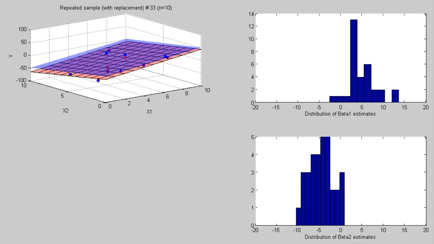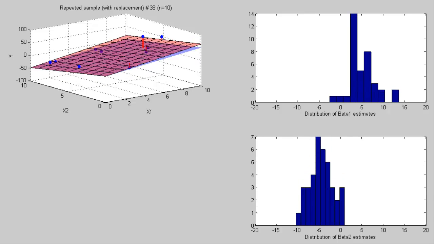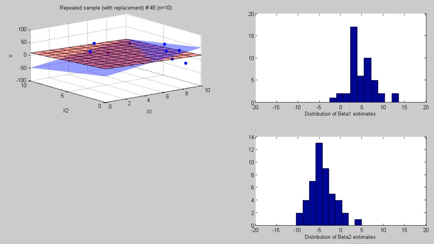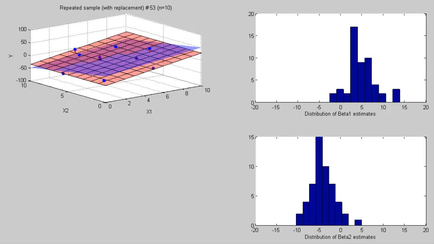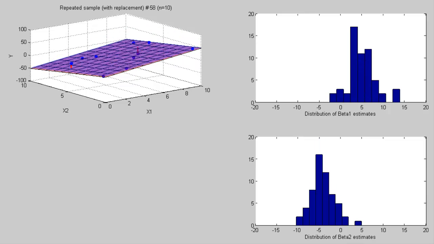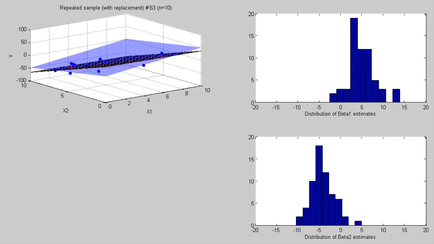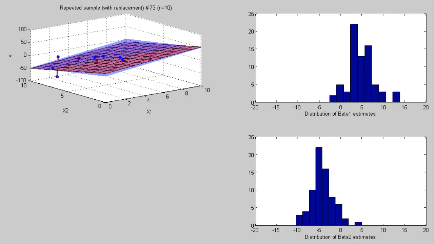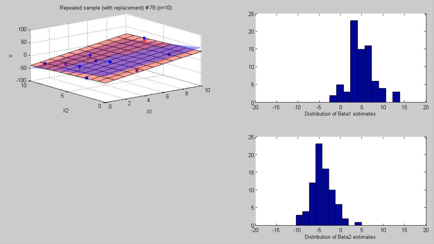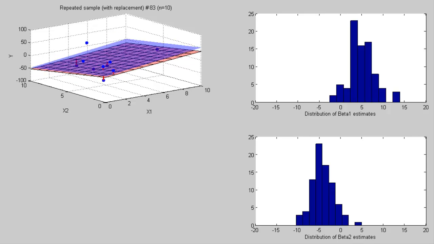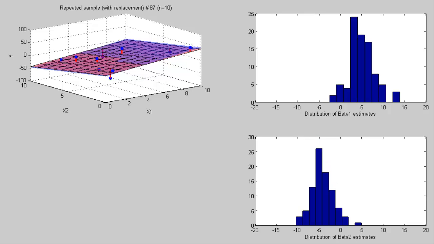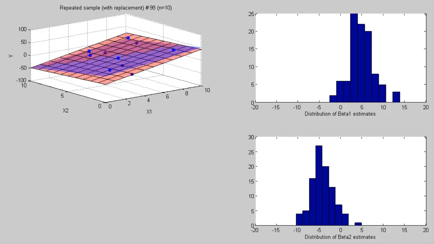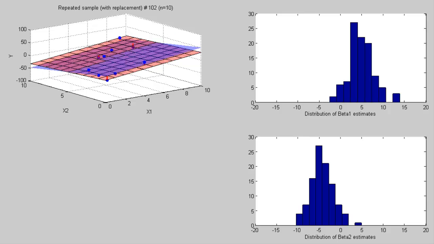And remember, those beta values are simply determined by the orientation of the model, and that is determined by least squares estimation. So let's just run this model, and you can see that as each of the samples comes by, we get an additional beta coefficient for x1 and for x2, and we're just creating a histogram that's keeping a record of the different values that we get.